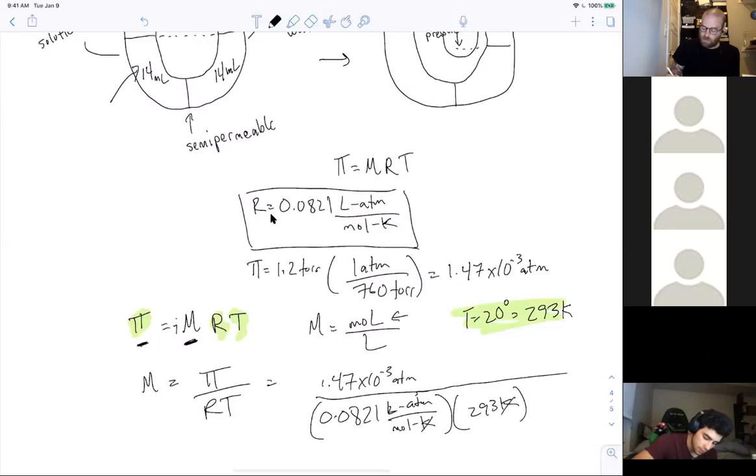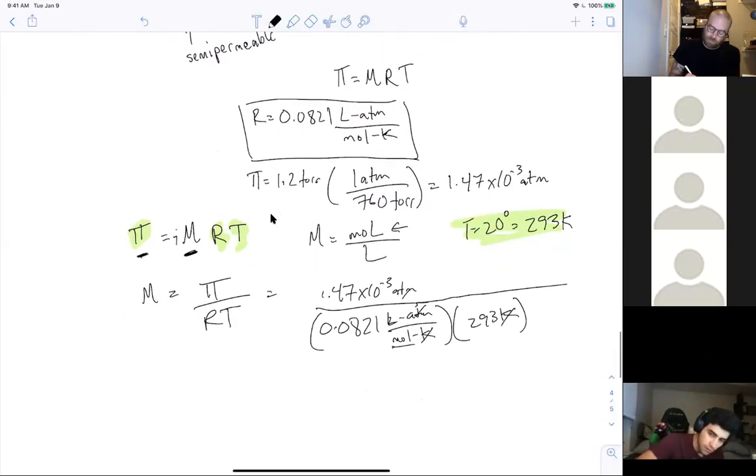That cancels out. That cancels out. And then moles is on the bottom, so it'll end up on the top. So yeah, you come out with a really small number.